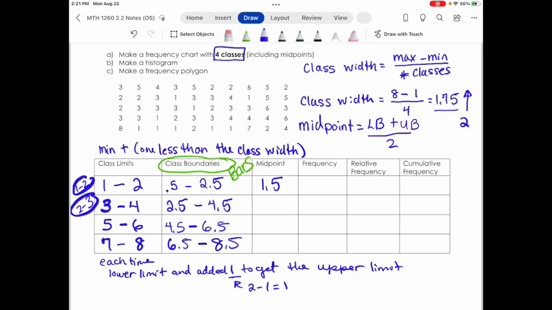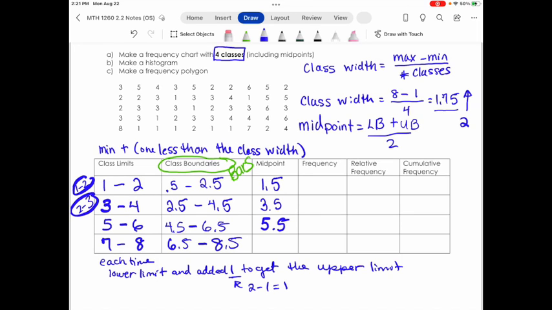Now to get the next midpoint for the next class, I'm going to take 2.5 and add it to 4.5, and then take that answer and divide by 2. When I do that, I'm going to get 3.5. So you just continue that pattern, and you just keep adding the lower boundary to the upper boundary, and then you divide by 2. So you're going to get these values for your midpoints.